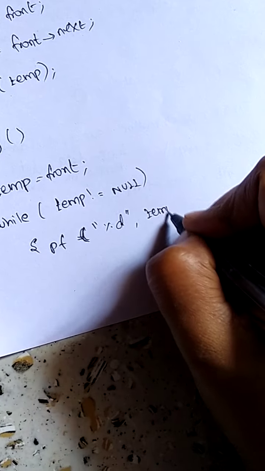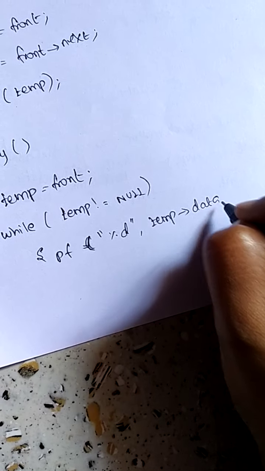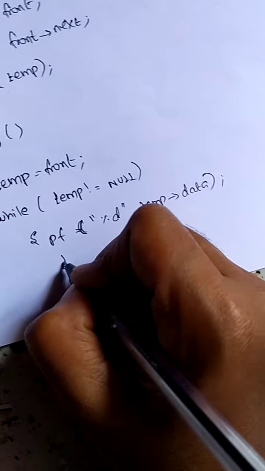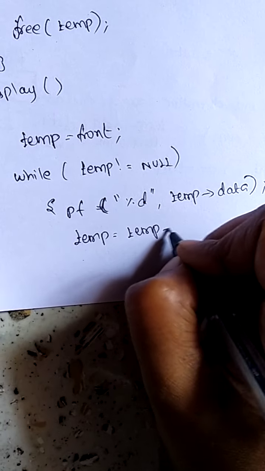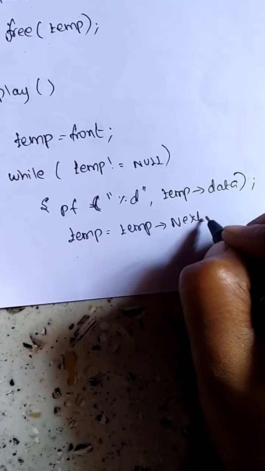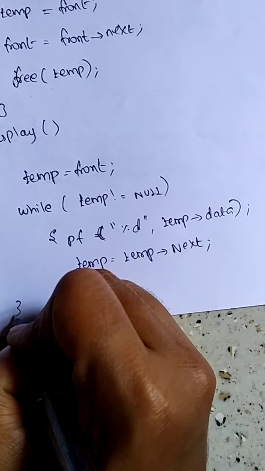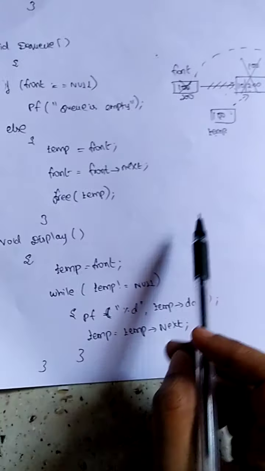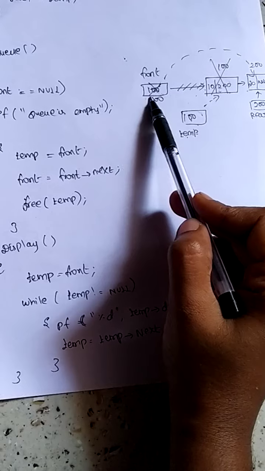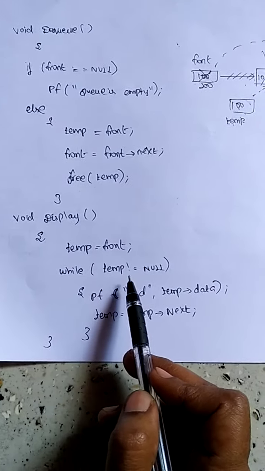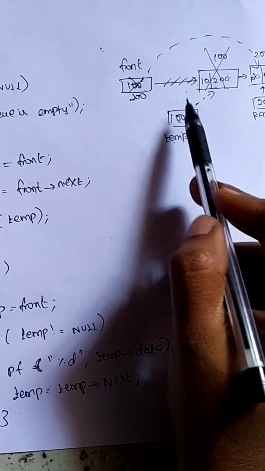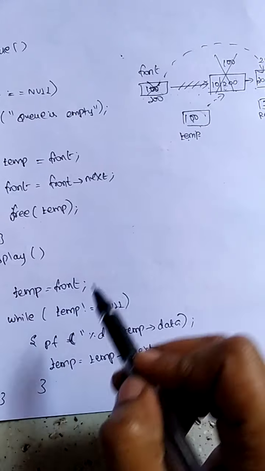I am printing the temp of data one by one, and I am moving the temp pointer: temp equal to temp of next. That's all. Initially I am making the temp pointer point to the front, so 100. Now I am checking whether temp is not equal to null. No, temp is not equal to null. It is 100, so I am printing the value.